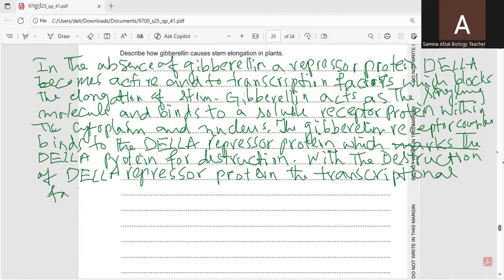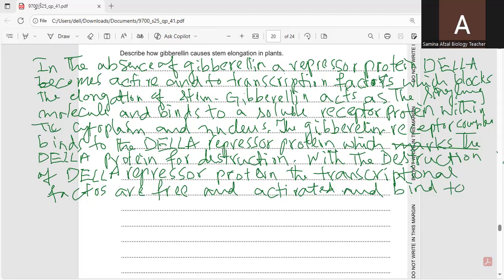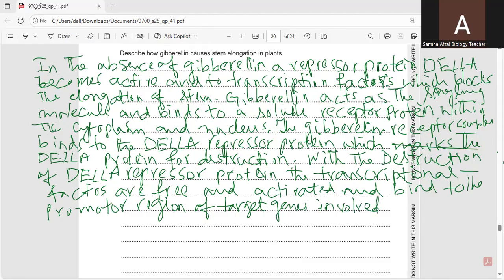Transcription factors are free and activated, and bind to the promoter region of target genes involved in stem growth.